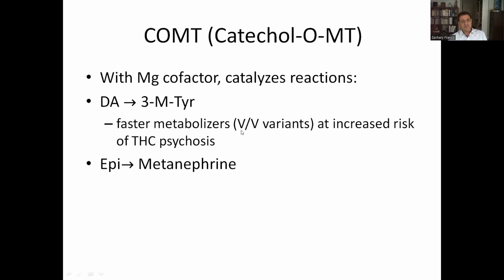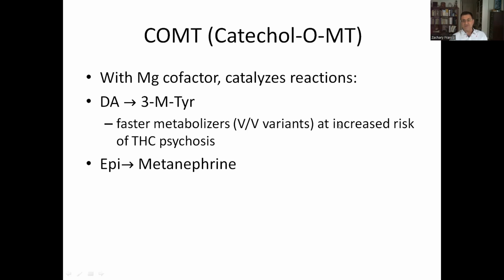It's the fast metabolizers that have a bit of a problem because they get rid of their dopamine at a very fast pace. They also turn epinephrine into metanephrine. So they have different concentrations of these important neurotransmitters than other people.